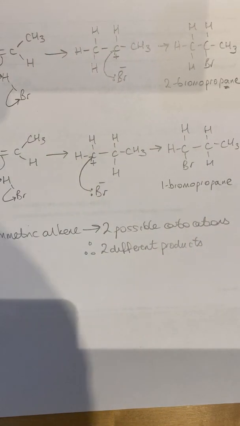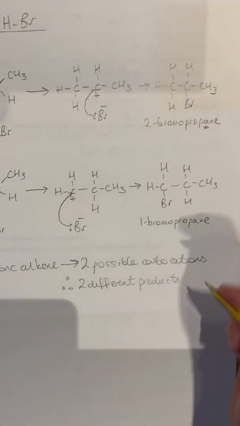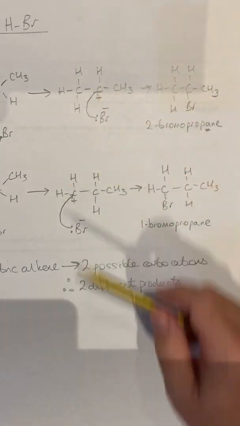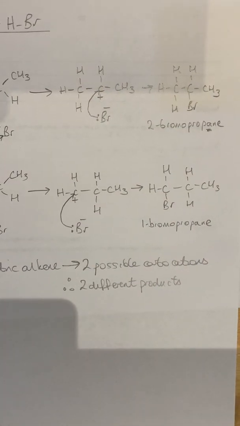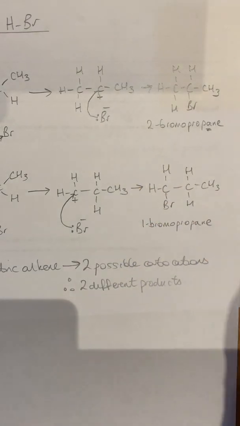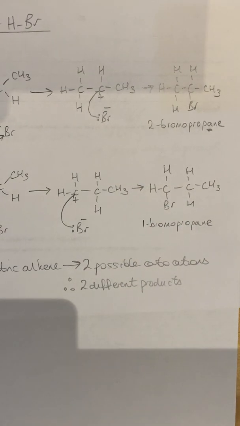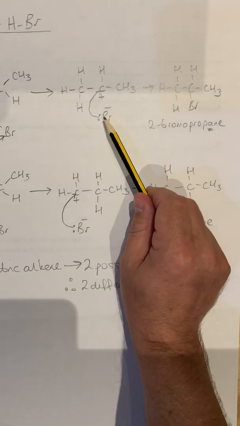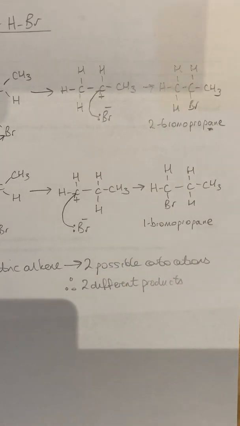Now the final bit about this is these products aren't made in equal quantities. And that's because one of these carbocations is more stable than the other. So the more stable the carbocation intermediate, the longer it will last, and the greater chance of the Br minus colliding with it to make a product.